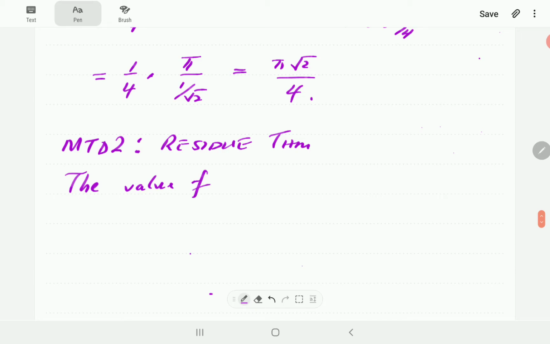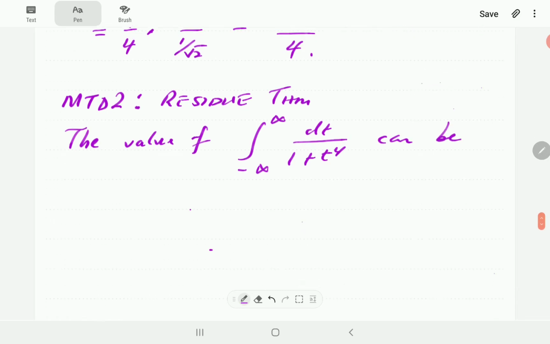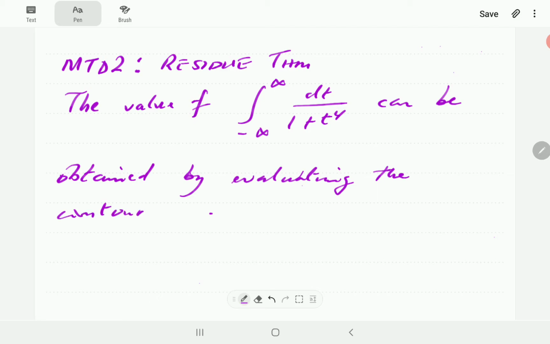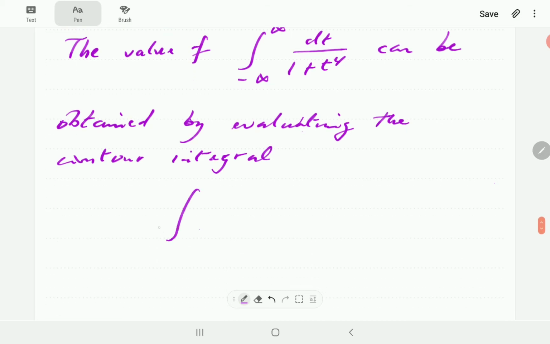Okay, so from there we're going to recall that the value of this integral here, dt over 1 plus t to the power 4, can be obtained by evaluating a complex contour integral, this one.